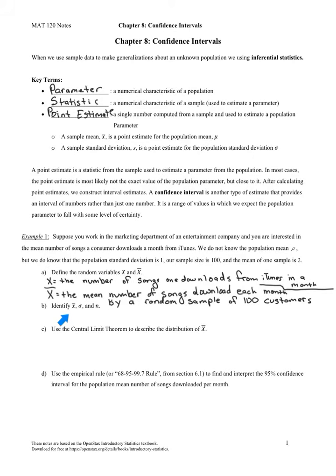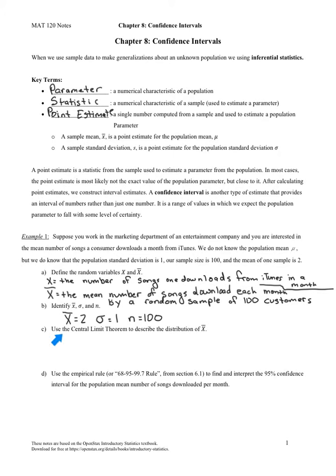In letter B, we're asked to identify the mean, the population standard deviation, and n. We're given that our mean is 2, our population standard deviation is 1, and our sample size is 100.